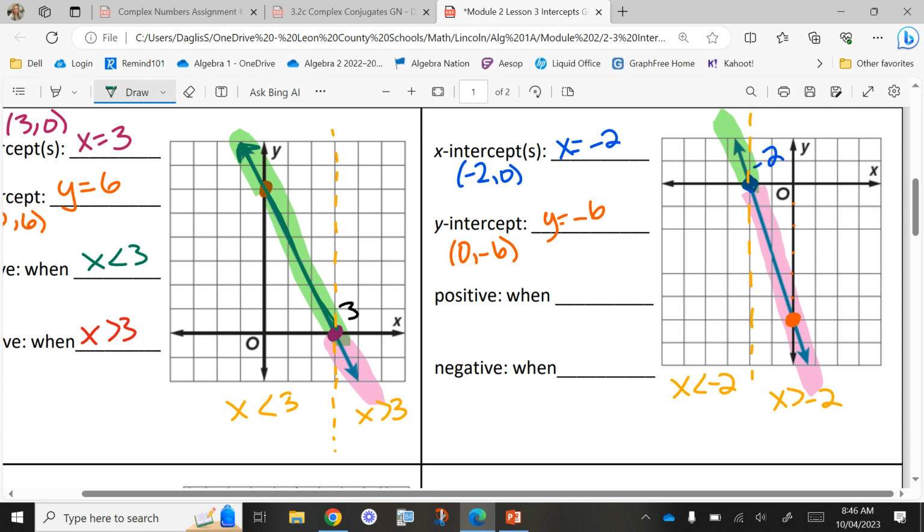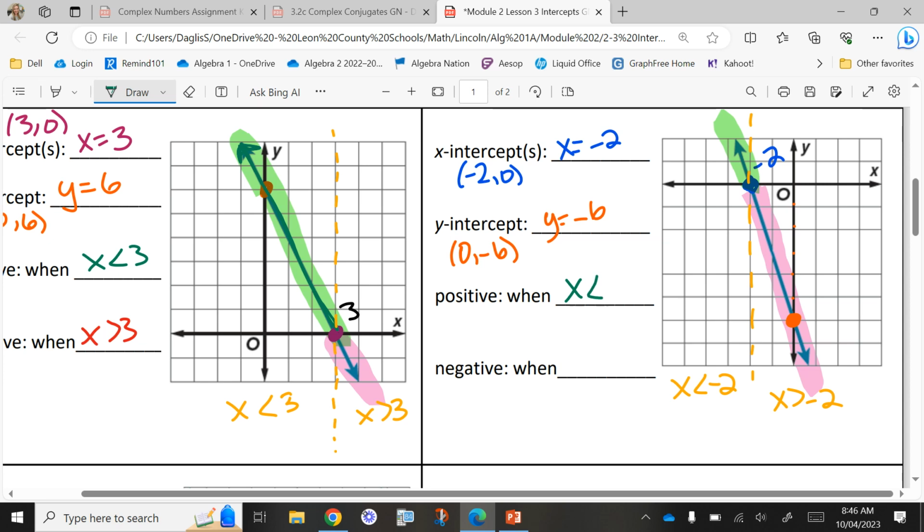Positive y values. Good. So we're positive when my x's are less than -2. If I have an x value of -3, my y is going to be positive, right? Because it keeps going up. Anything over here is going to have a positive y value on the line. So that part's figured out.